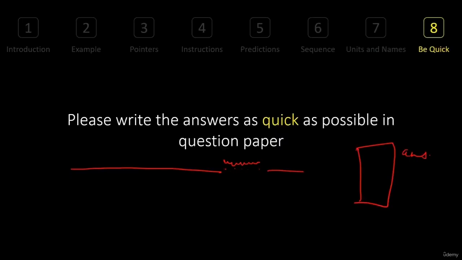Don't worry about the handwriting. It should be legible by you. That's it, in the question paper. The reason for that is so that you don't miss the audio for the next one, the hint for the next one. Write the answer quickly and follow the audio as quickly as possible. In this way, you might not lose the sequence or the flow of the audio. Else, chances are you're going to miss the next one.